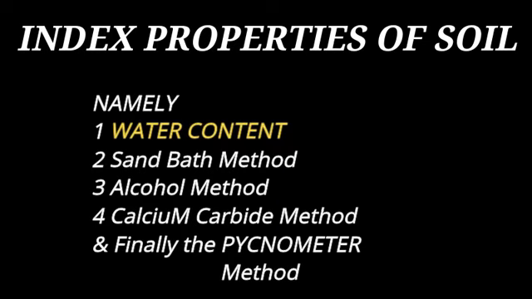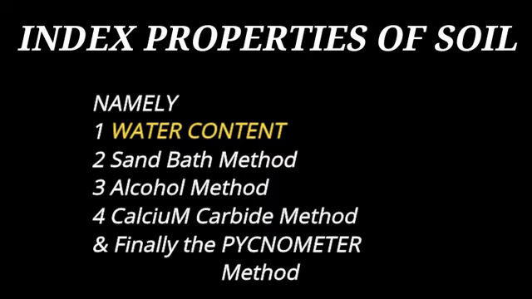Namely, the water content procedure using the oven drying method, then the sand bath method, the alcoholic method, the calcium carbide method, and finally the pycnometer method. So these are a few methods for determining the moisture content of soil.